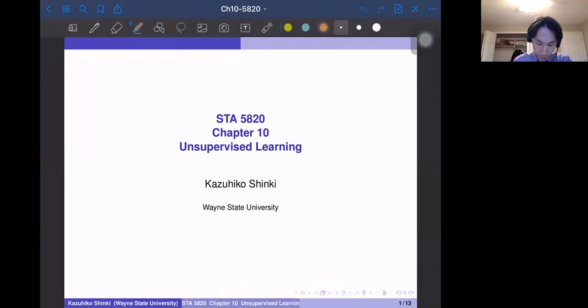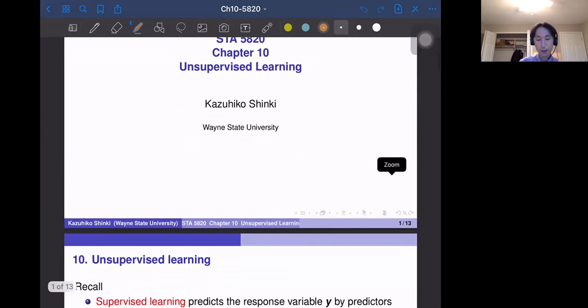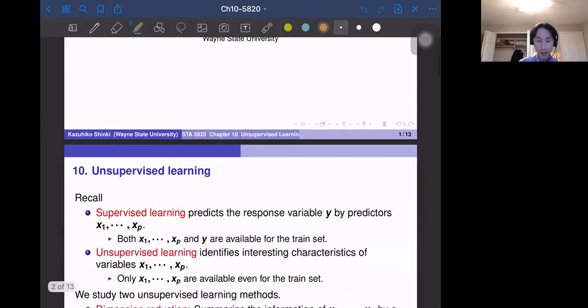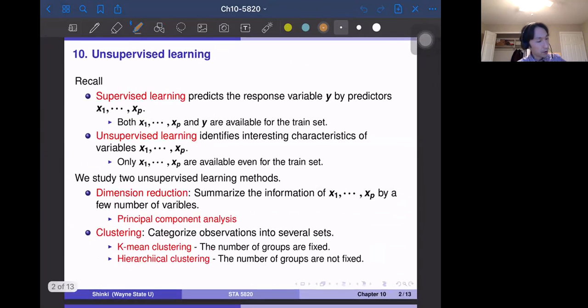Yep. So chapter 10 is much different from earlier chapters. We have discussed supervised learning from chapter 3 to 9, and chapter 10 is the only chapter for unsupervised learning. So what's the difference between supervised learning and unsupervised learning? In supervised learning, we have X and Y, both observed. In unsupervised learning, we only have X1 to XP.